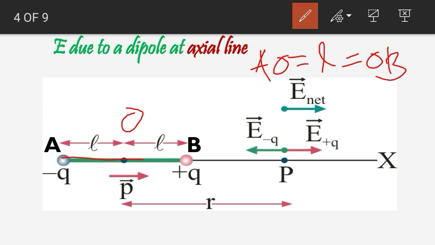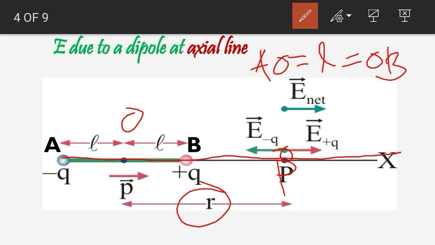So clearly this is an axial line. Suppose on this axial line there is a point P, and that point is r distance away from O.